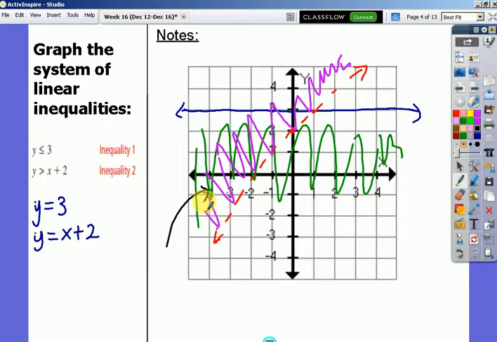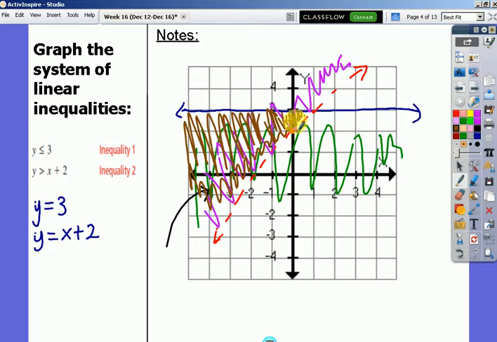So what I want to do is indicate that either by shading very darkly or by using a different color, or in any number of ways. So I'm just going to shade this in. That brown area there is my solution.